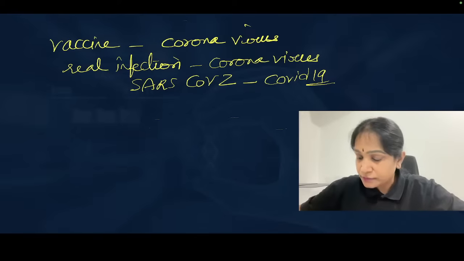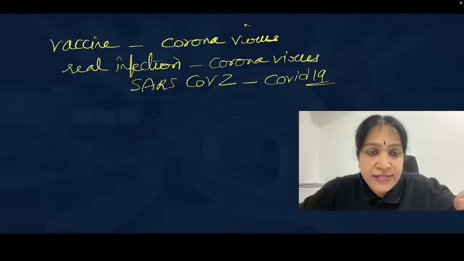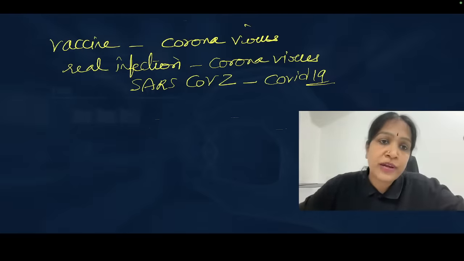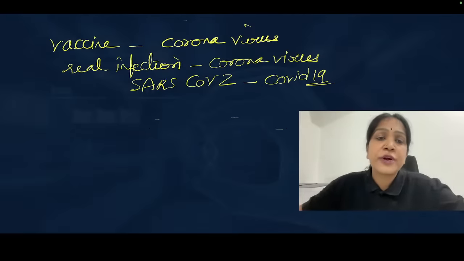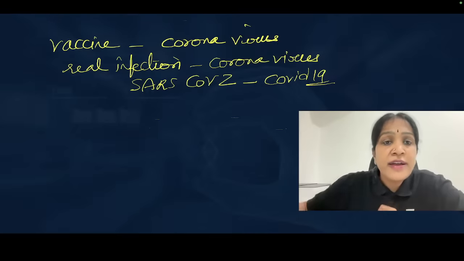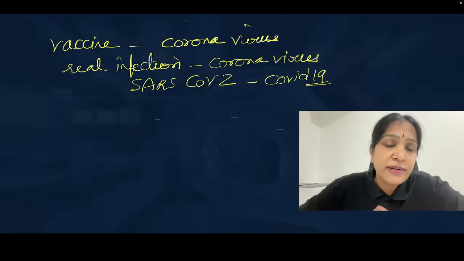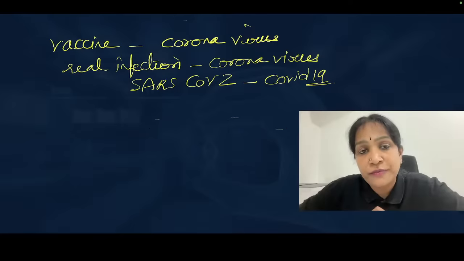So if you inject inactivated virus, it will remain inactive only. But inactive virus can cause the production of antibodies. Now antibodies are ready. If the real virus comes, these antibodies can destroy the real virus. So even if the real virus comes, you will not suffer from the disease.